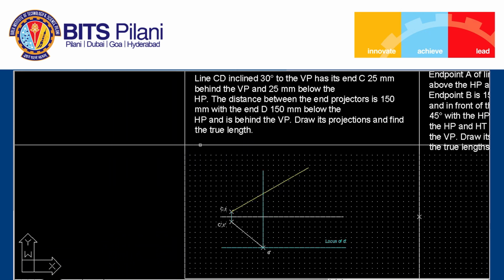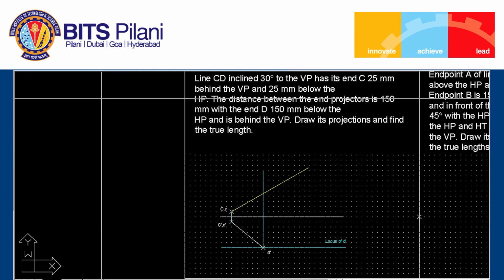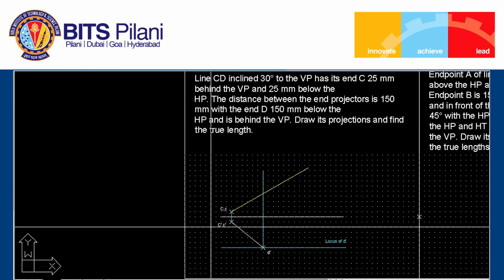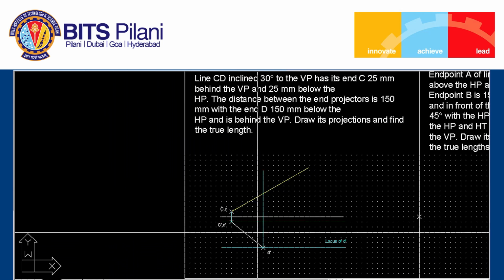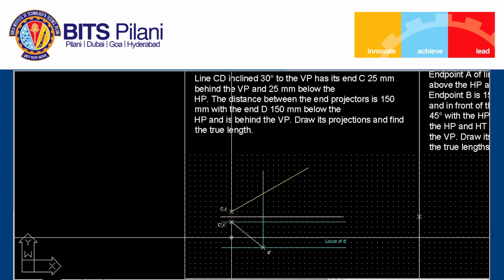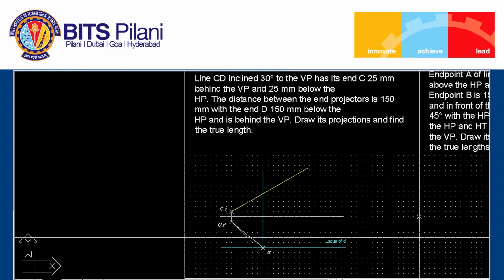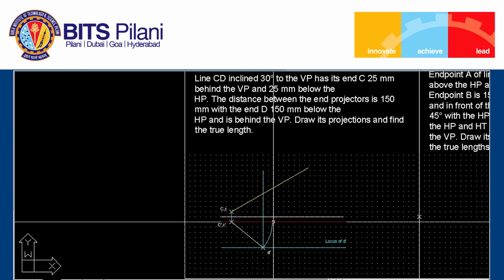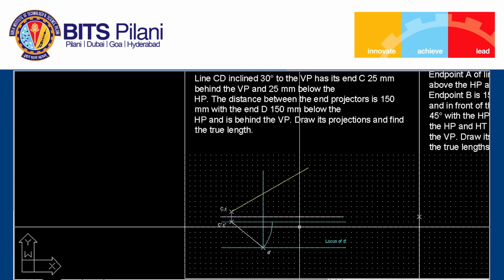So we will rotate the point till the locus of C prime. I will have to rotate the point D prime with center C prime. That we can rotate it. So this point is nothing but point D1 prime.